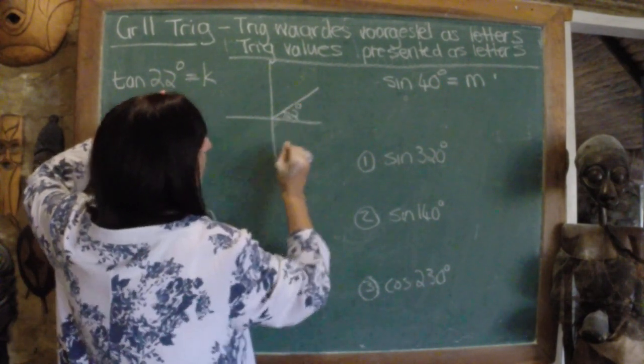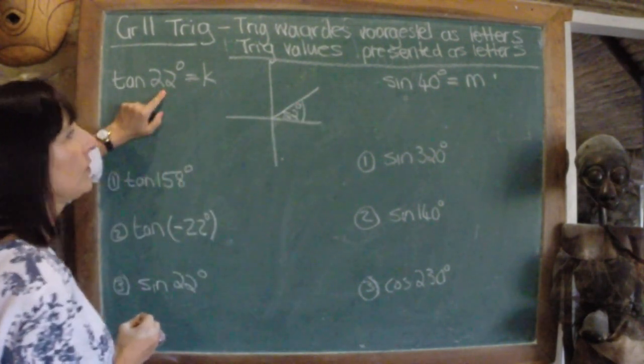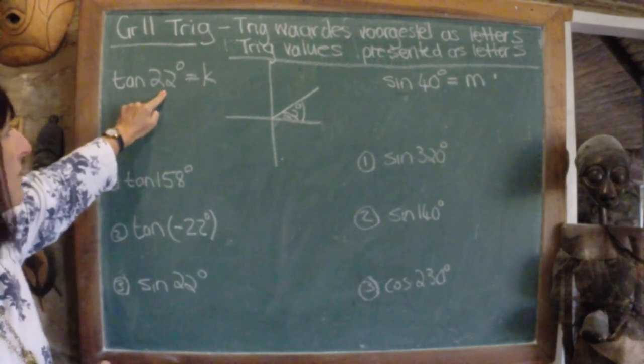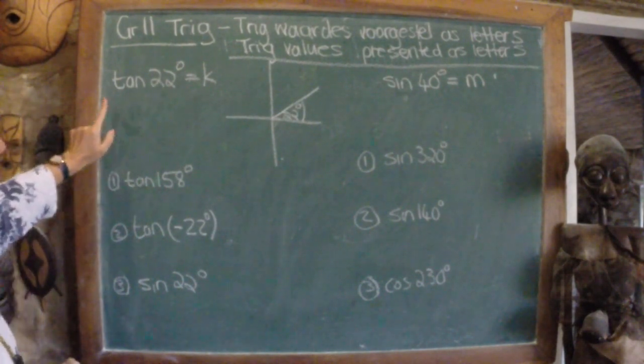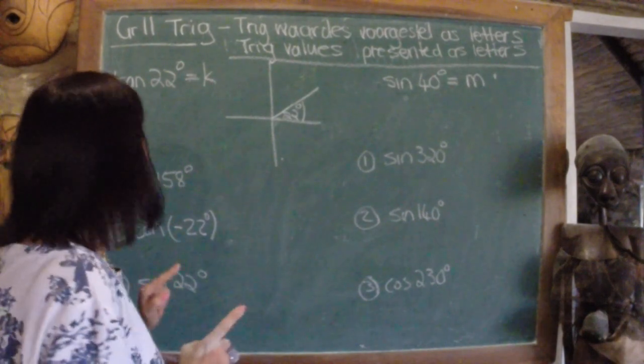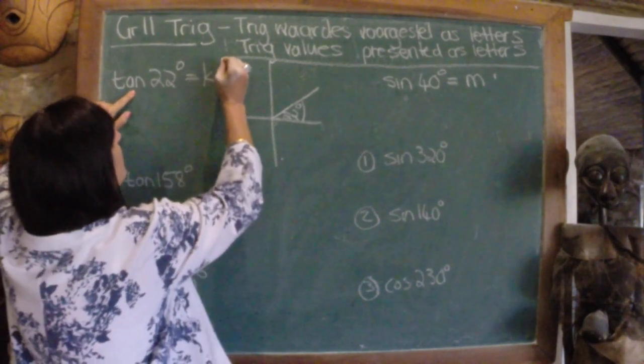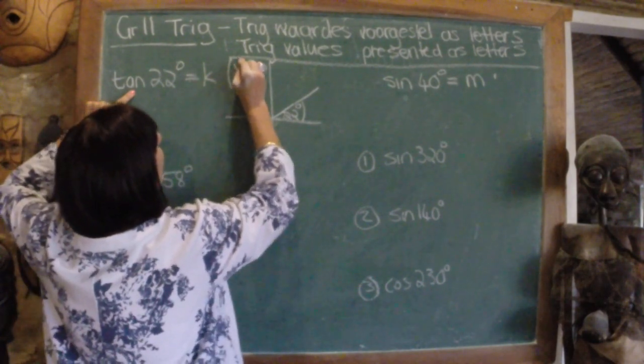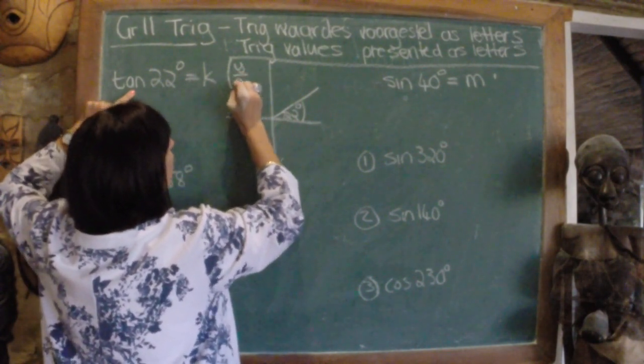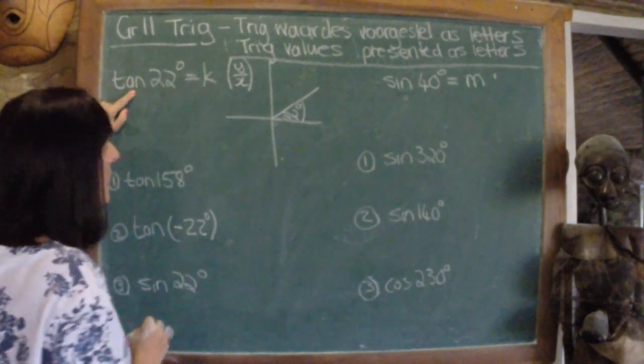Daarso, 22 grade, because that's an acute angle, isn't it? In the first quadrant. Maar ons weet ook graad 11 that the tangent is the y on x ratio.